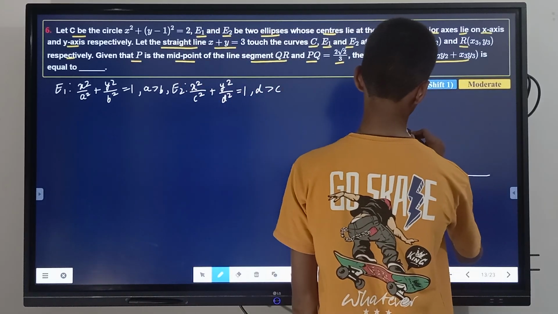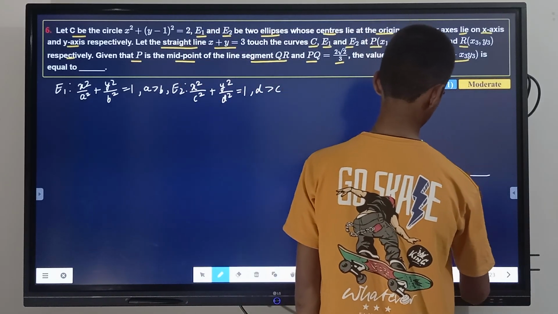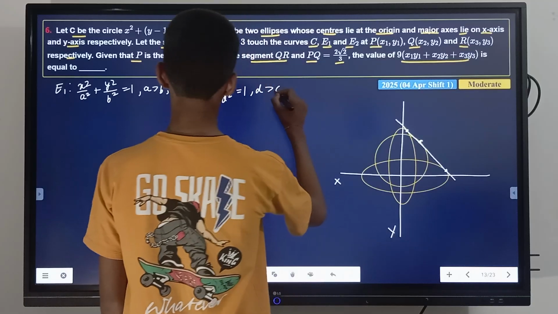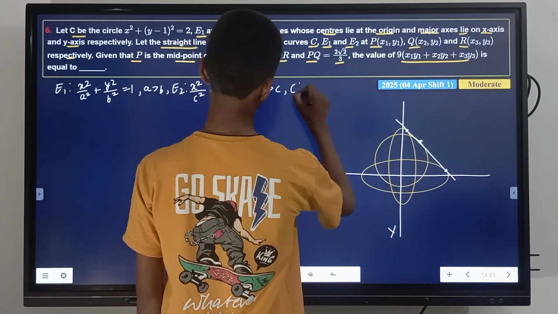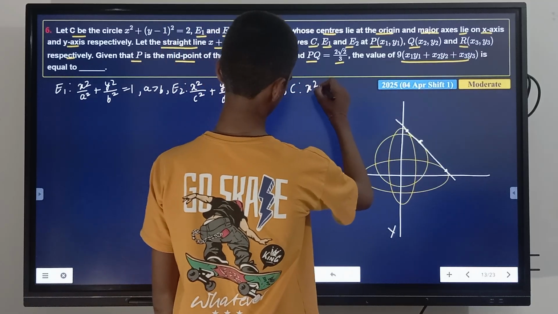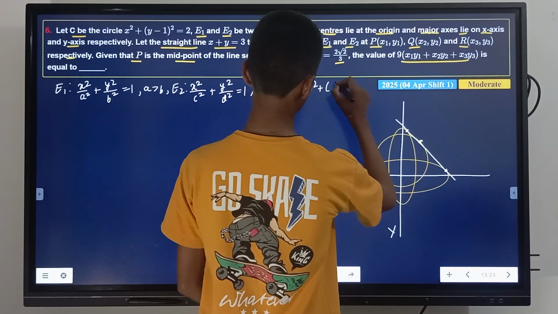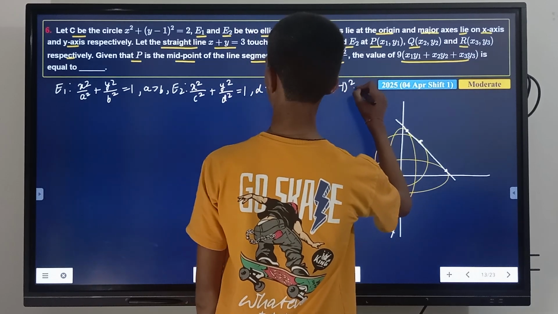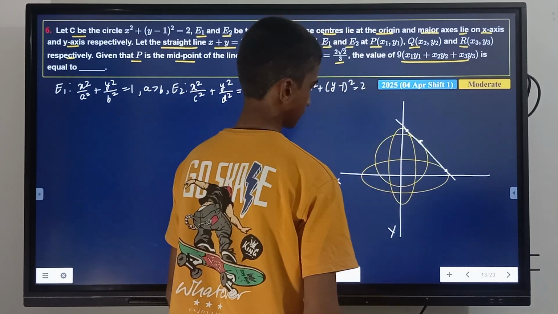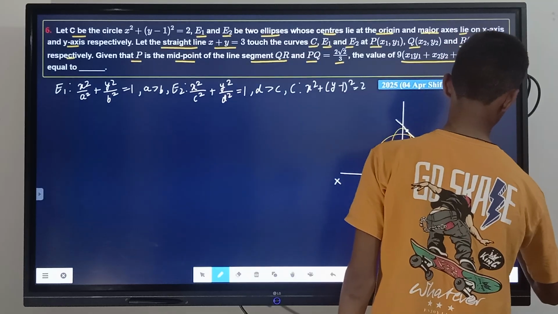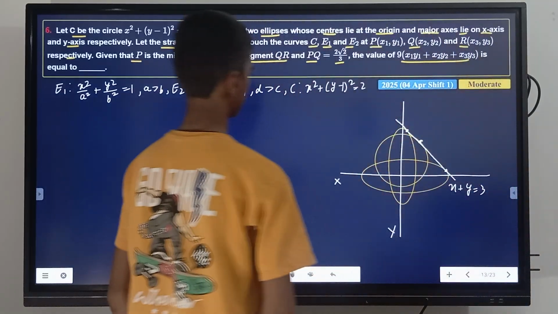It touches all three curves C, E1 and E2. Let's also write C from here: x square plus y minus 1 square is equal to 4. Now this is x plus y is equal to 3.